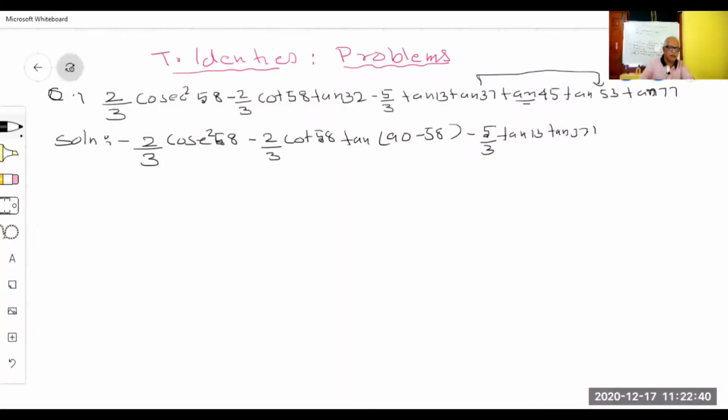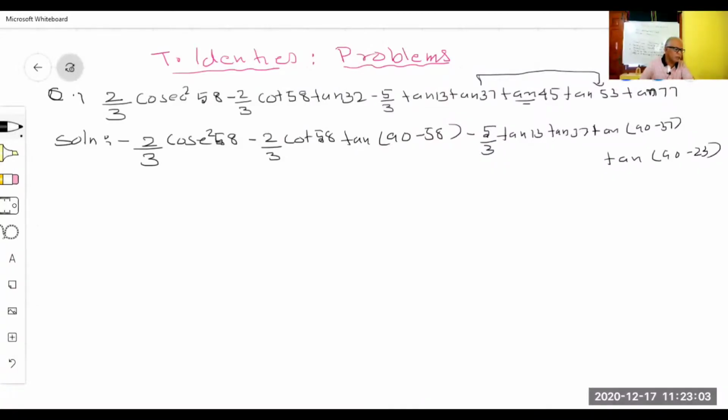So this tan we write as into tan 90 minus 37, okay, 53. And 77 we write as into tan 90 minus 23. 77 and 23 make 90. Don't change both, only one you change.